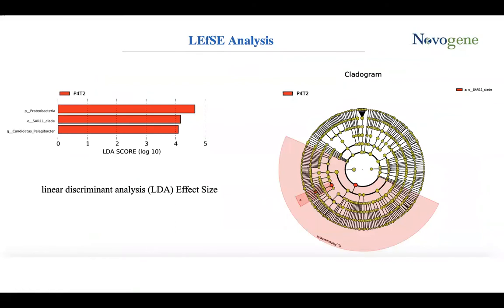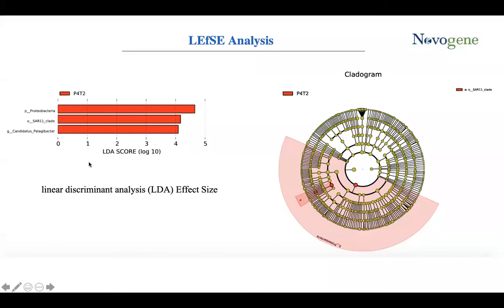And let's see, that is the linear discriminant analysis, this LEfSe, LDA effect size, was used to analyze and detect biomarkers. So LEfSe is a software designed to discover high-dimensional biomarkers and reveal metagenomic characteristics, including genes, metabolites, or taxa. So it can be used to distinguish two or more biological classes. And the histogram of the LDA scores and cladogram are shown as a result of LEfSe analysis for evaluation of biomarkers with statistical differences among different groups.